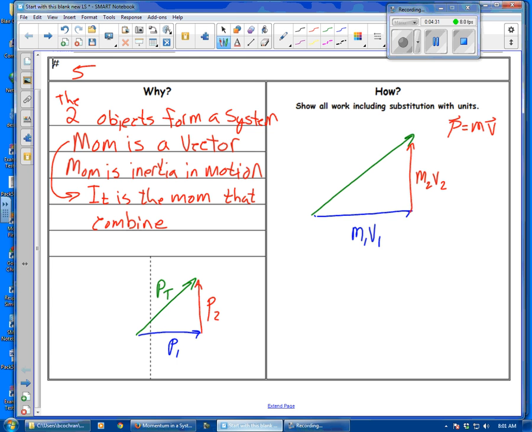And this one I will still leave as momentum total. All right, and this is the right triangle here. We know that P total squared equals M1 V1 squared plus M2 V2 squared.